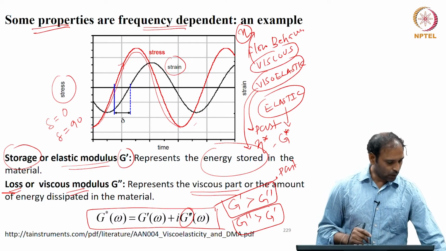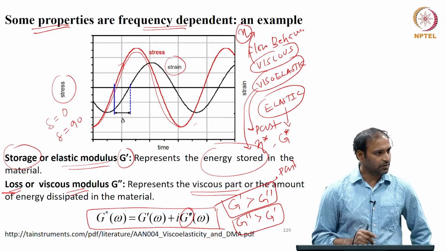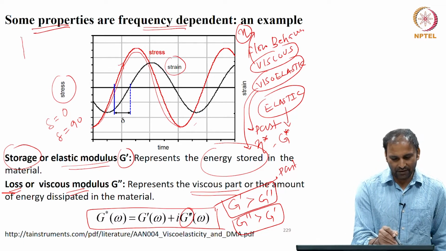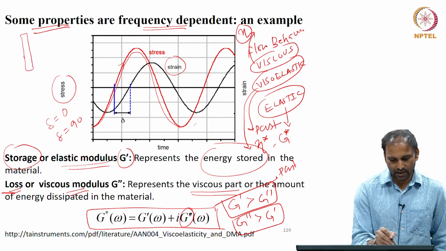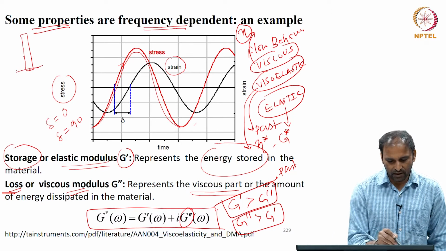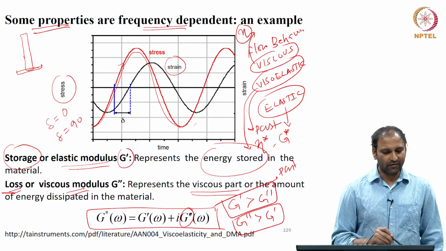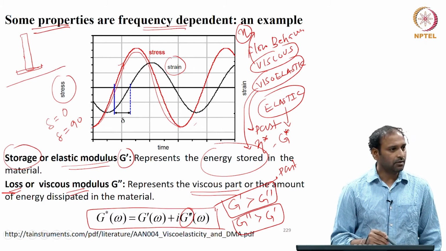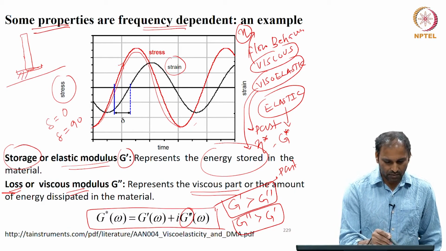Now, this frequency behavior means you apply force in an oscillatory way. Typically the way these experiments are done is something like that. I have a shaft, and at the end it could have, say, a disc, and then there is a bottom plate. You put your material here.